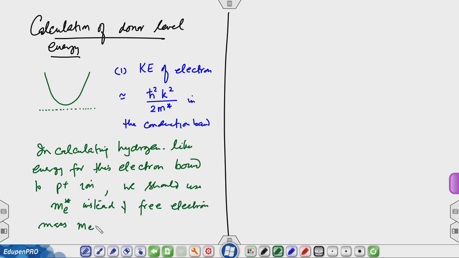So, that is one change that is going to take place. The other thing I want to point out is that the radius of electron would come out to be much larger than Bohr radius.